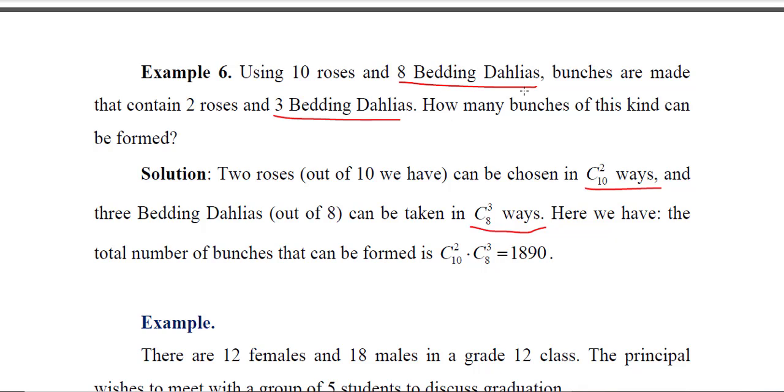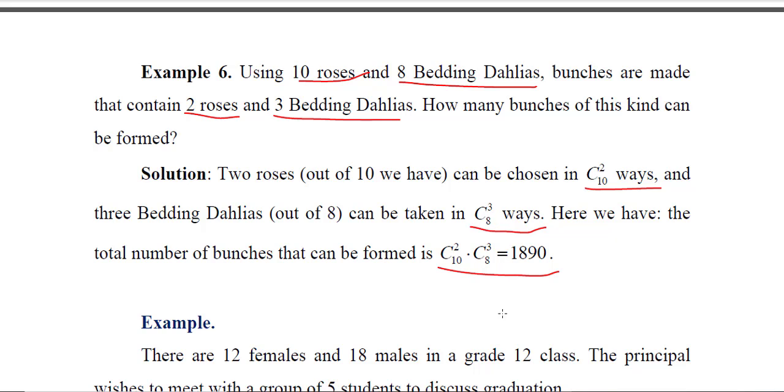We need to take 3 from 8 and 2 roses from 10 roses. And now we need to connect them, so that our bunch contains these 2 roses and 3 other flowers. How can we form this? By multiplying these 2 combinations: combination 2 from 10 and combination 3 from 8.